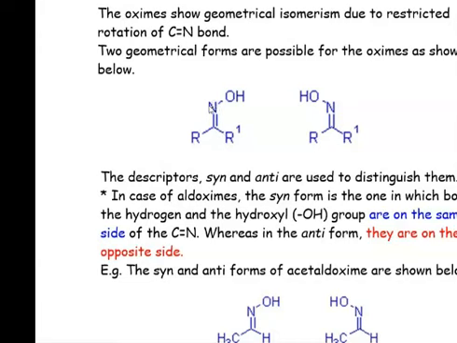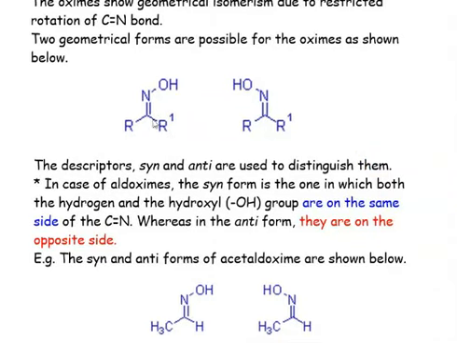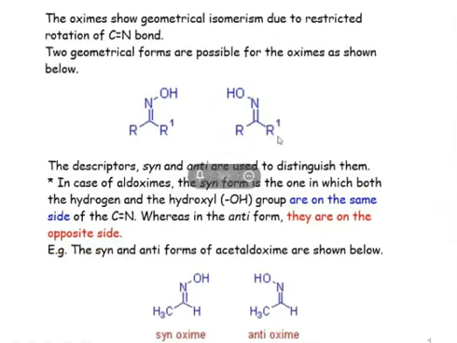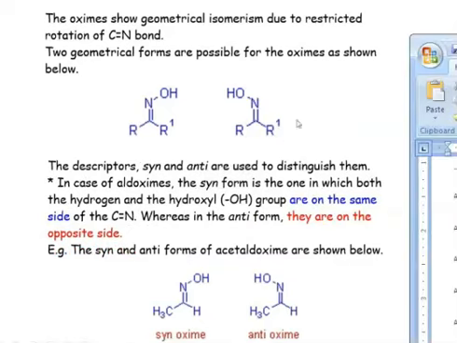Here we can see the oxime: a double bond bearing nitrogen, a double bond bearing carbon. This carbon is associated with two alkyl groups. Configuration of this oxime is R dash and OH, lying on opposite sides.